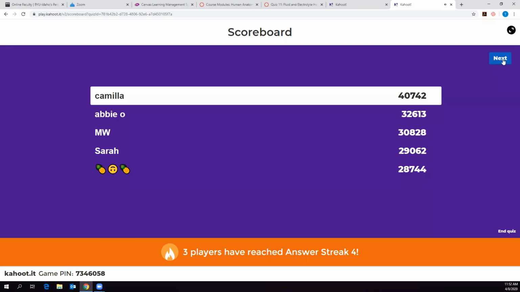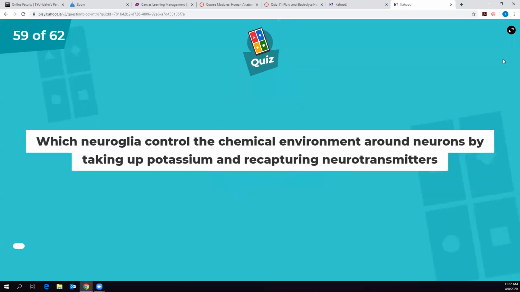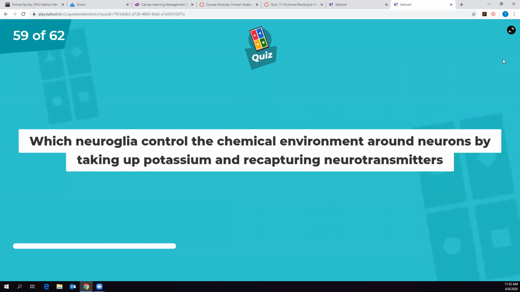All right, just about done. Four more questions. Which neuroglia control the chemical environment around neurons by taking up potassium and recapturing neurotransmitters?